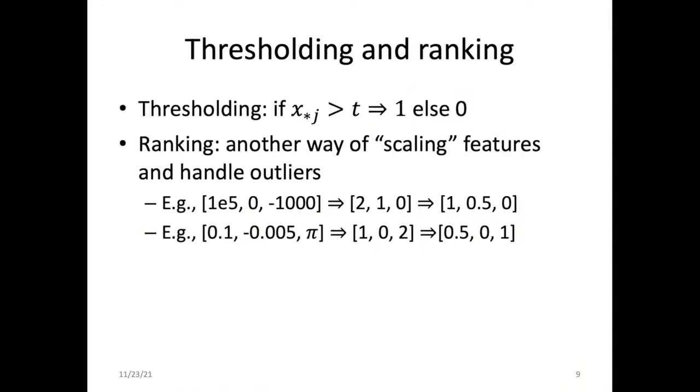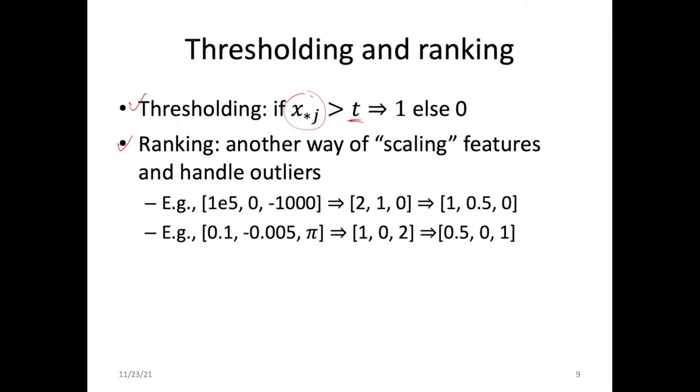Okay, another trick is thresholding and ranking. Thresholding essentially means that when the feature is larger than a certain threshold, then the output is 1, otherwise it's 0. Sometimes you just care about whether something is large enough or not. Perhaps that's what really matters. Then you could use thresholding. Or you could rank the features.